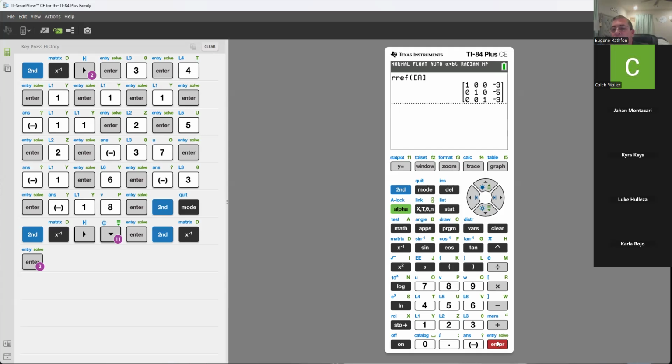See, the first one on the top left is in the X column. That's the -3. The second row, that one's where the Y is. That equals -5. And then, like I said, the bottom row, that one's in the z column, it equals -3. So I will say, you've got to love that calculator, okay?